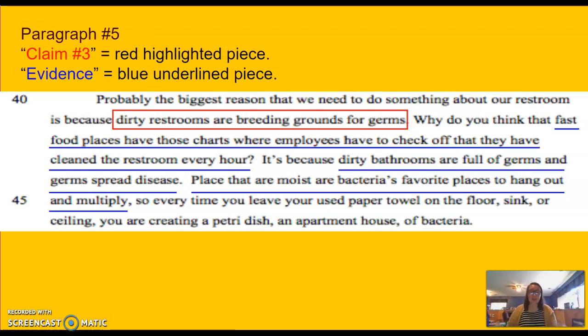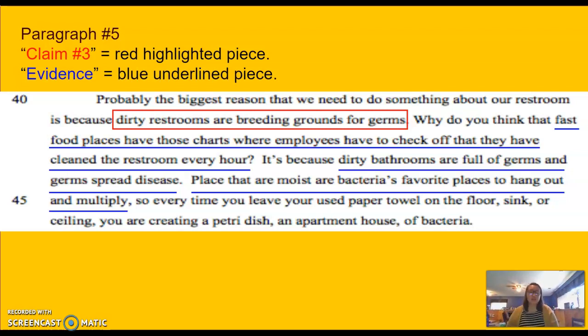There's a reason for that, and she puts a little science in there. Look at Dakota throwing science at us. Dirty bathrooms are full of germs, and germs spread disease. Places that are moist are bacteria's favorite place to hang out and multiply, right? So claim, germs, evidence. Here's a bunch of information about germs, simply stated in facts, right?